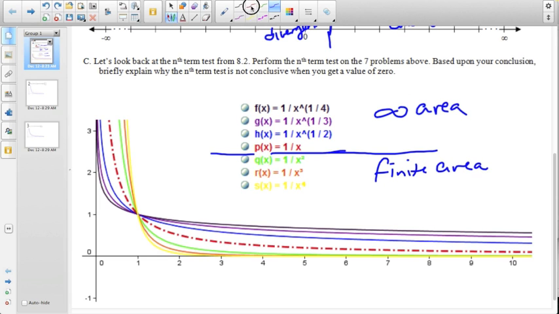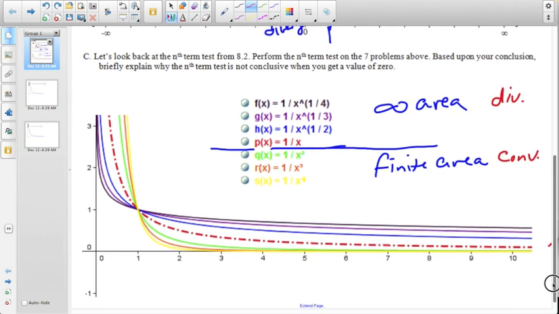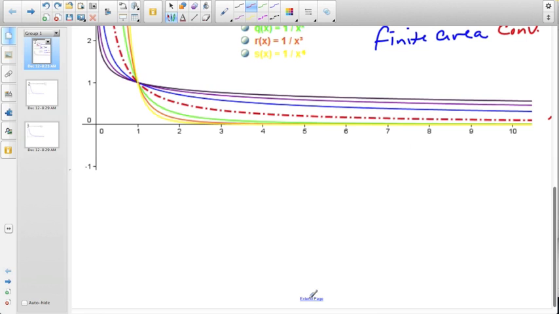And in going from infinite area to finite area, we went from a diverging sequence to a converging sequence. And so that gets us a nice rule for the p-series test. For the p-series test, all we're doing is looking at the value of the power.